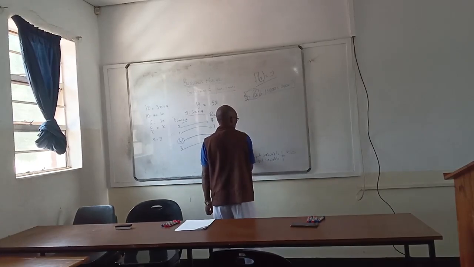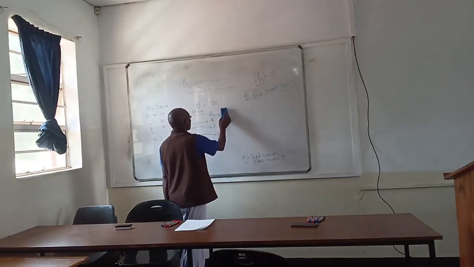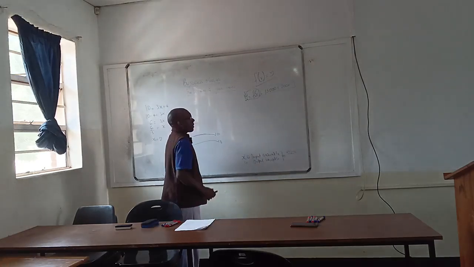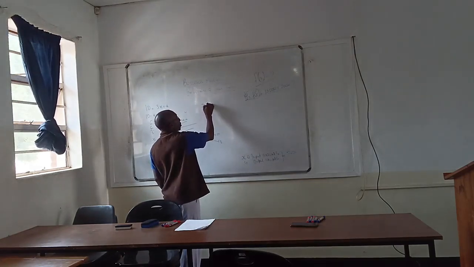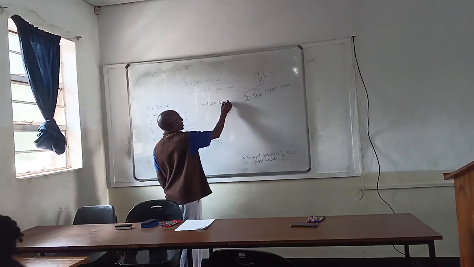Let's go to that graph. All right. Now, our function is y equals 1500 plus 200x.